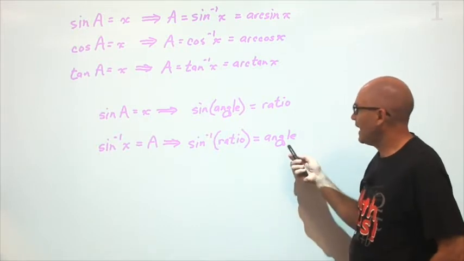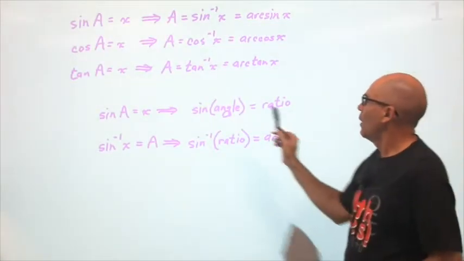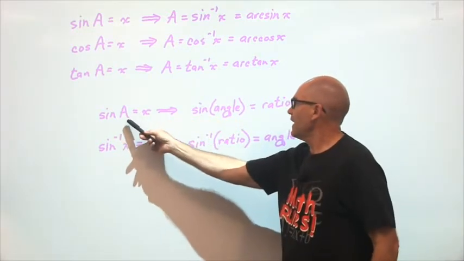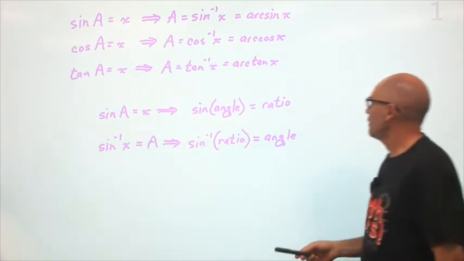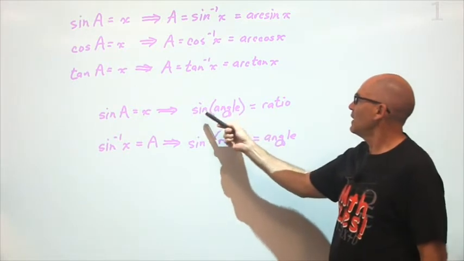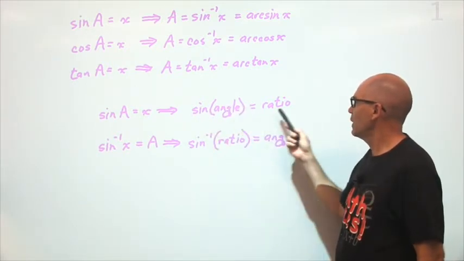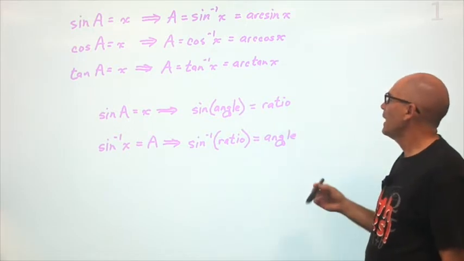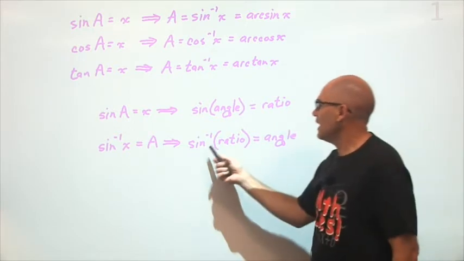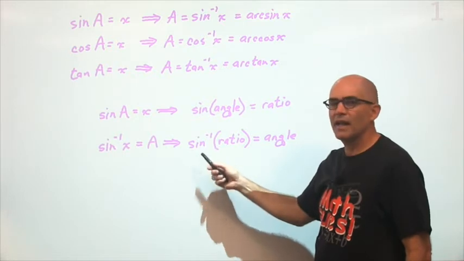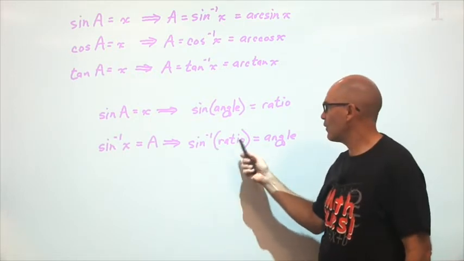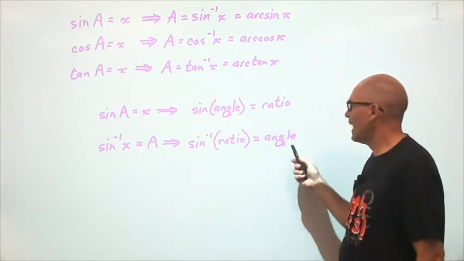and that will give me an angle. When you take the sine of an angle, you get a ratio of sides. So the sine or cosine or tangent of an angle gives you a ratio. Now, when you're taking inverse sine, inverse cosine, inverse tangent of a ratio, you get an angle.